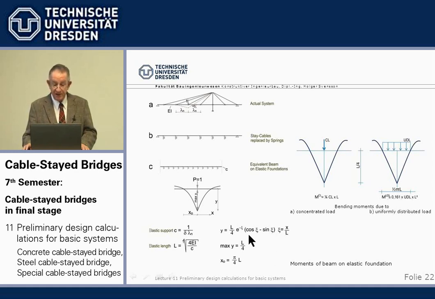If we integrate this strange thing, then we come to this 0.161. That's as simple as that. Times the uniformly distributed load times this characteristic length squared. So, in order to calculate these moments, we have to calculate the elastic length L.